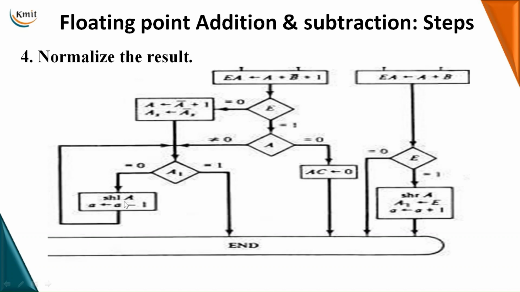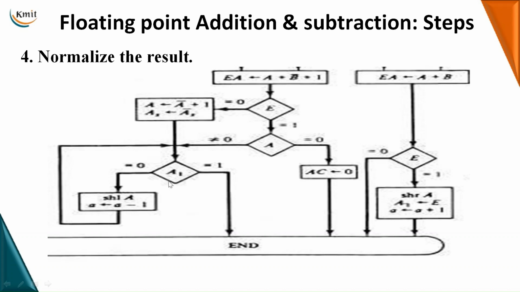So we have to perform a shift left on the contents of the AC register and decrement the exponent by 1. And this operation has to be continued until you get your A1 bit to 1. So you have to perform that many shift left operations until your A1 bit reaches 1.